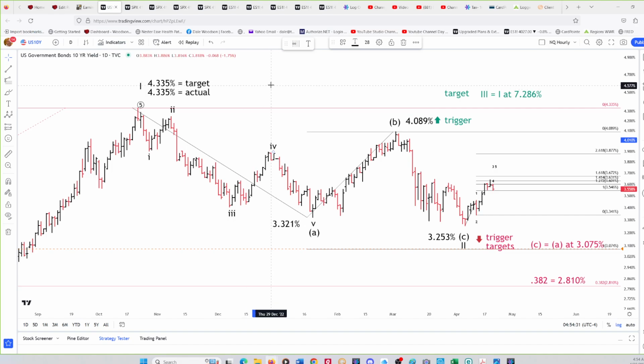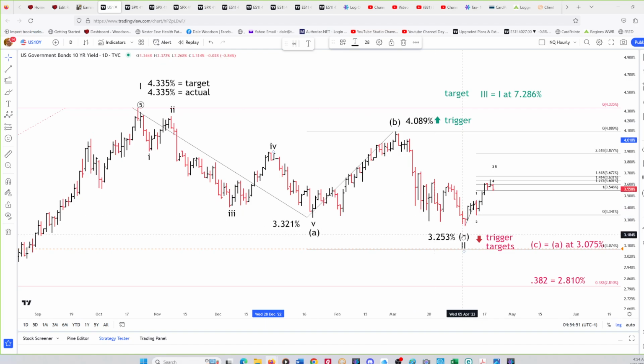Okay, we're looking at the US 10-year daily chart here. This wave 1 at the largest degree of trend is from the year 2020 lows. That was 5 waves up, and we're looking for a 3-wave correction: an A down, which is 5 waves, a B up, and 5 waves for wave C down.